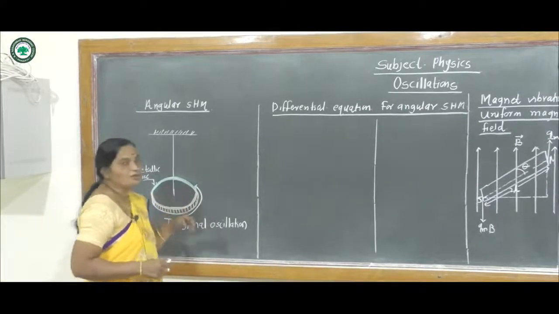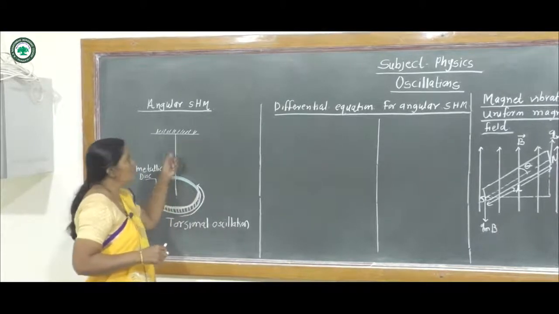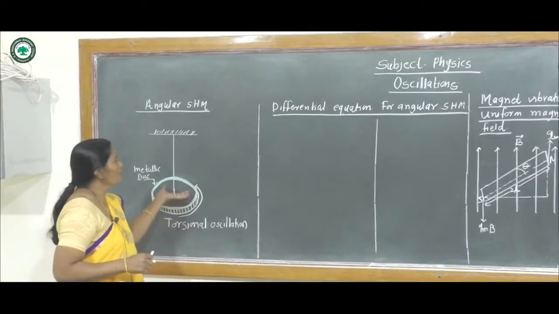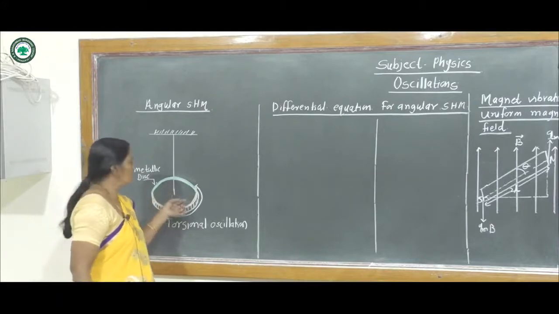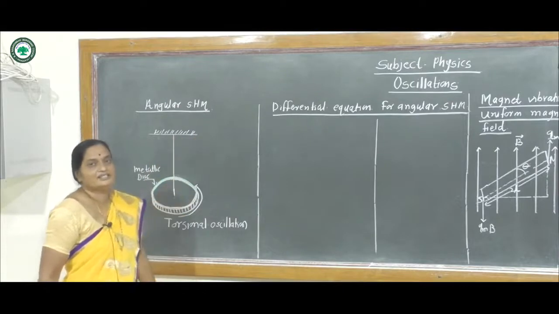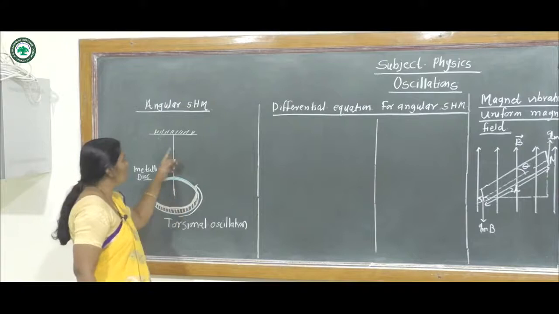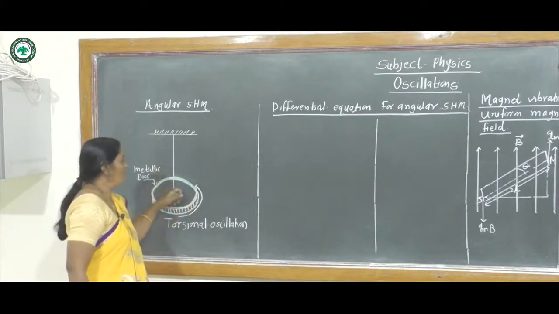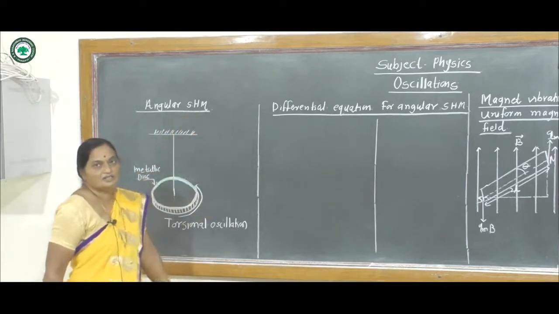Suppose we consider the example of a metal disc. See the figure. In this figure, this is the metallic disc. One end of the string is attached to the center of this metallic disc and the other end is attached to the rigid support. Now this disc is twisted through some angle theta. It rotates about its axis and the oscillations are angular simple harmonic oscillations.